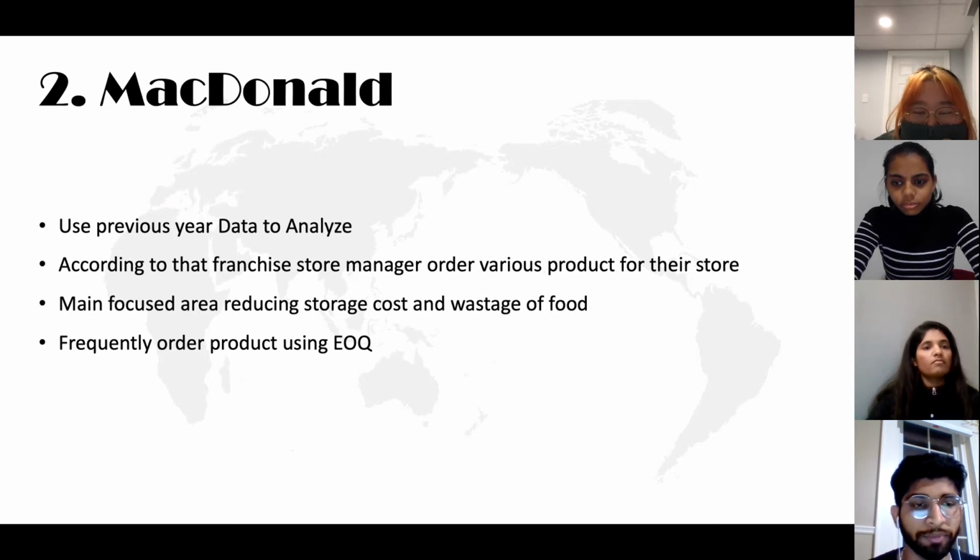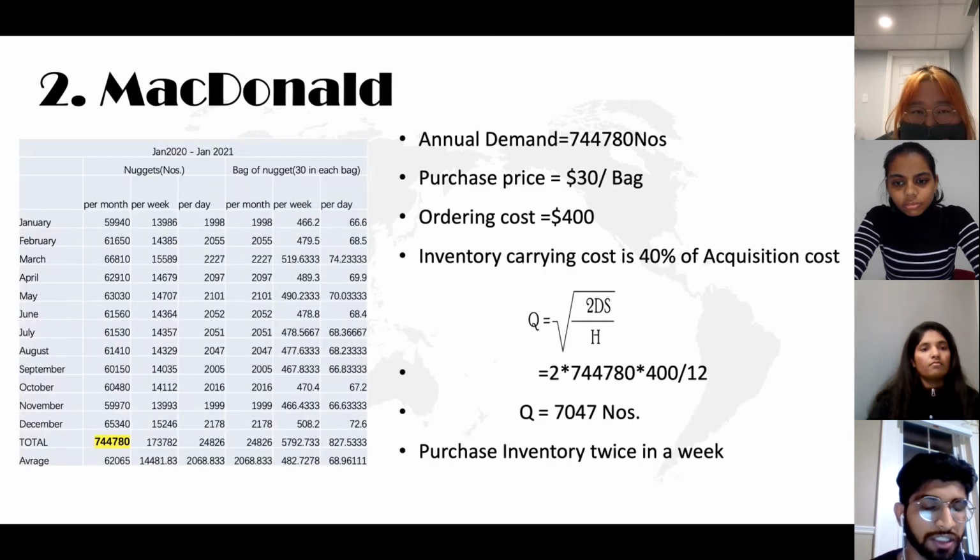For that, the main focus is on reducing the storage cost and reducing the wastage of food, because storage cost is 40% of their inventory cost. And for that, they frequently order their products. For example, annually they require 744,000 chicken nuggets.